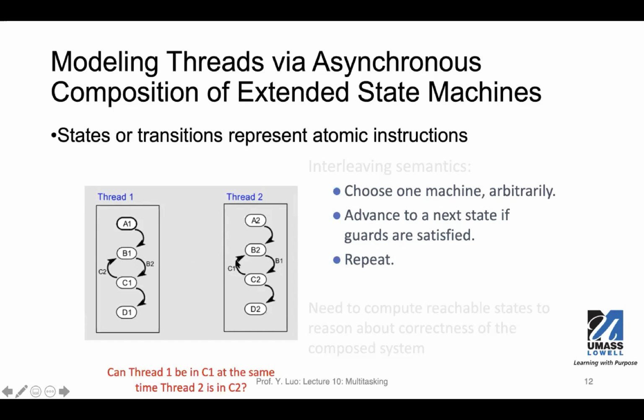So it's kind of an interleaving transition that becomes a very dynamic process. They will repeat this forever. So in this particular case, it's not possible for thread 1 and 2 to stay at the C1 and C2 states all the time.